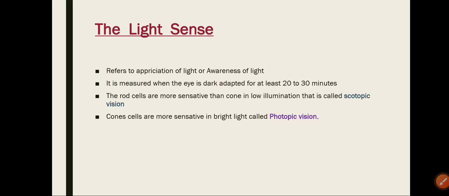The light sense. Light sense is the awareness of light. The minimum brightness required to evoke a sensation of light is called the light minimum. It should be measured when the eye is dark adapted for at least 20 to 30 minutes.